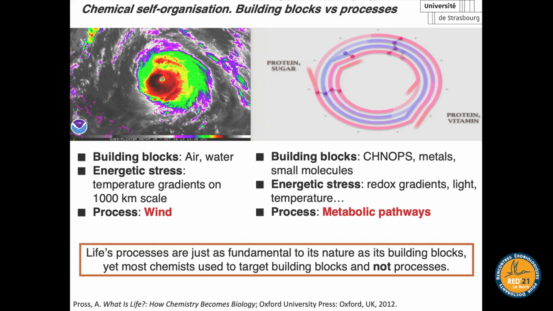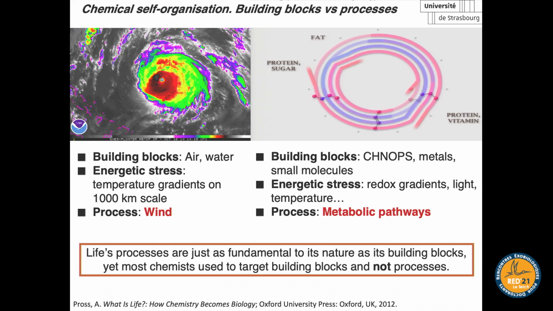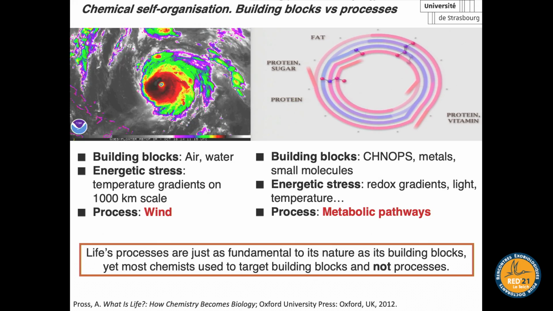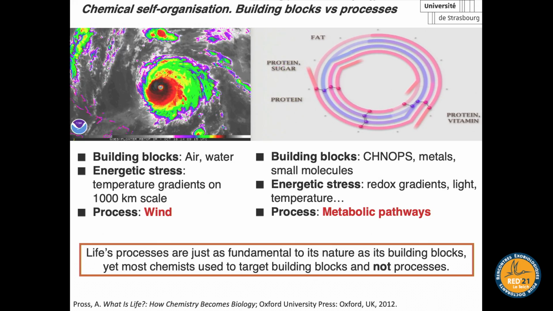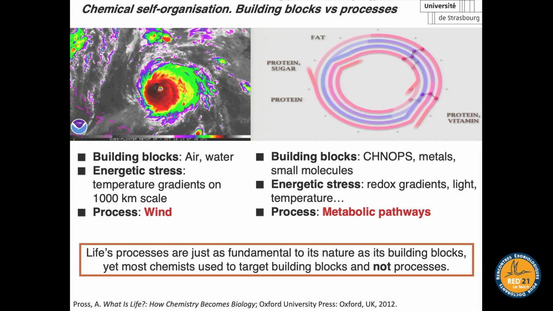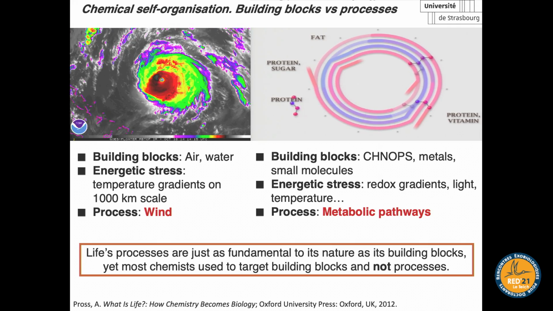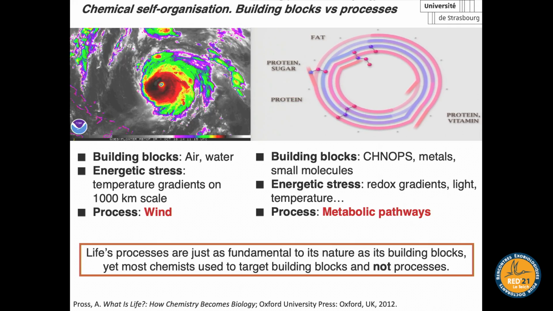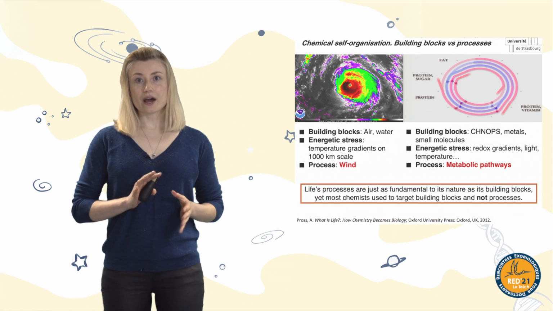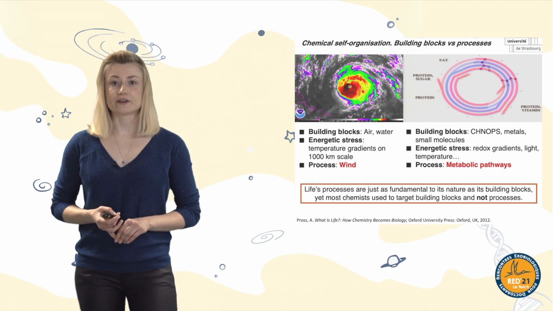But life is also a dissipative process, and I'm going to explain what it means. So it's not a collection of static molecules, but it is a collection of processes which all together assemble into a big dynamic process that life is. So dissipative structures are open systems which are out of thermodynamic equilibrium with their environment.